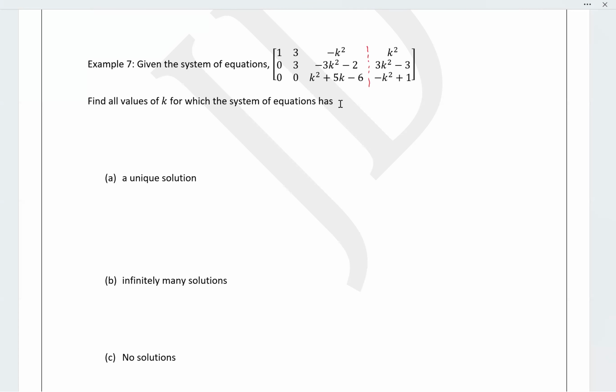Now, all we need to do is try to convert to echelon form, right? And how can we do that?